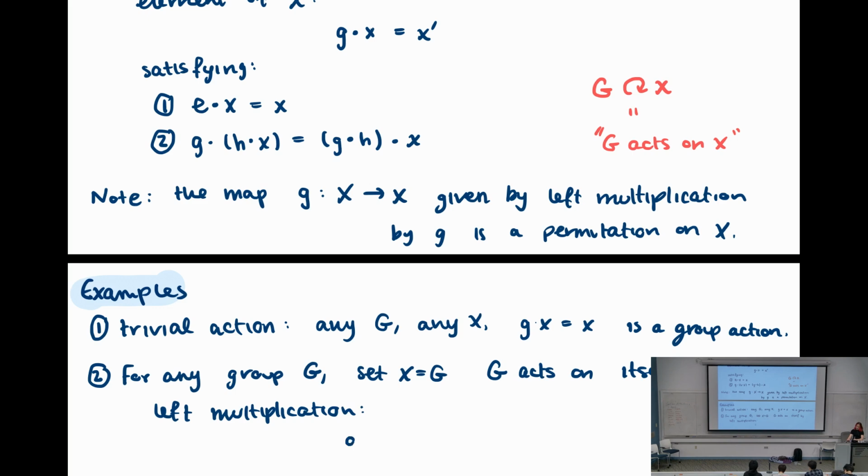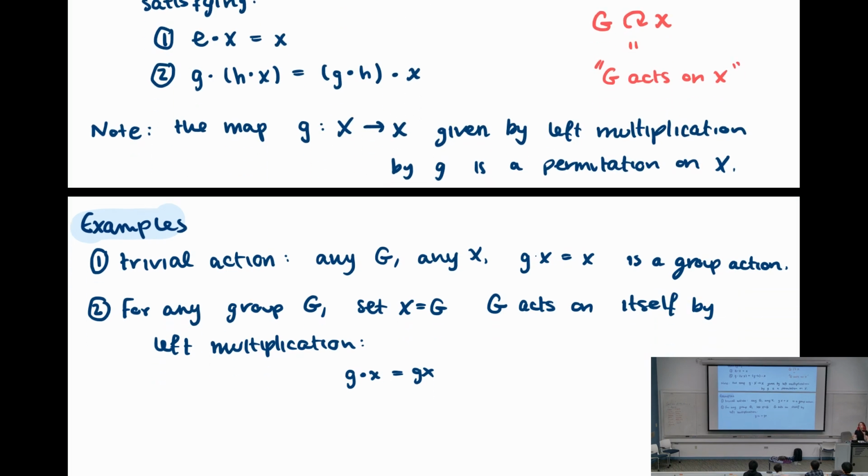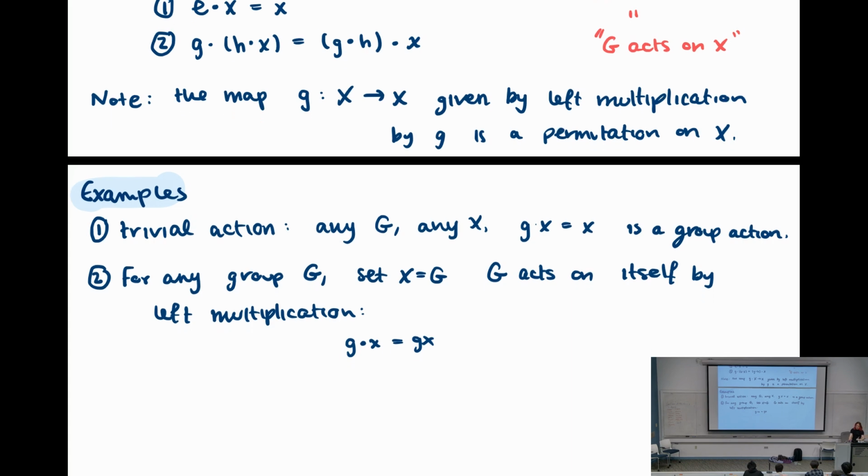So we would define G times x to be equal to Gx, where on the right it's understood that the operation is the one from the group G. And this was sort of what we saw when we looked at the proof of Cayley's theorem. This was like what we were doing. We were viewing the group as acting on itself and looking at what permutation the element G corresponds to.